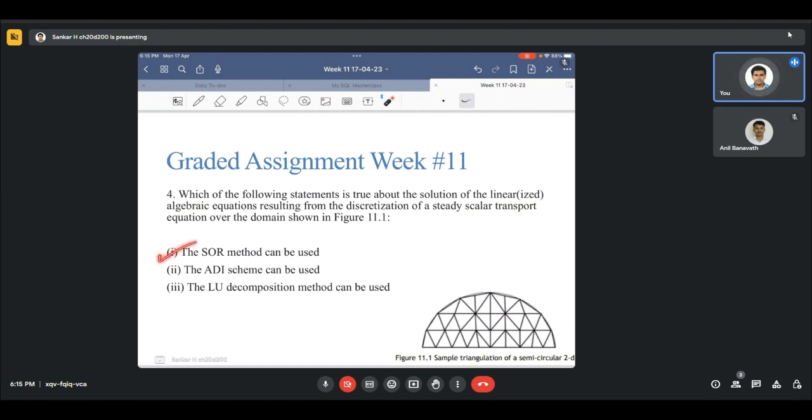The successive over relaxation method can be used, the ADI method can be used, the LU decomposition method can be used. And we have seen in the previous week what these methods are: the successive over relaxation, alternating direction implicit, and the LU decomposition. So, can anyone from the audience give the answer to this question? We can move on and you can give the right answer if you have any doubt.